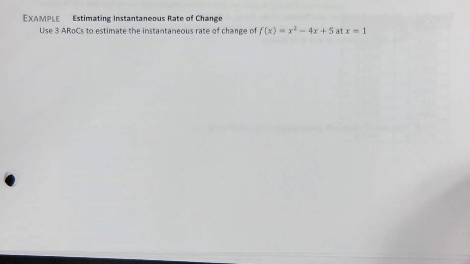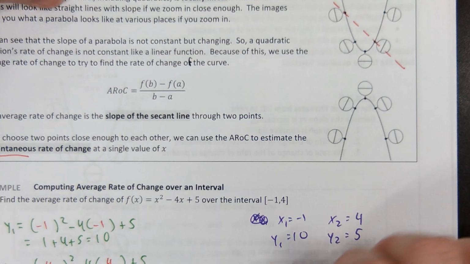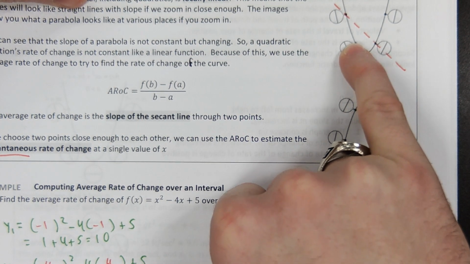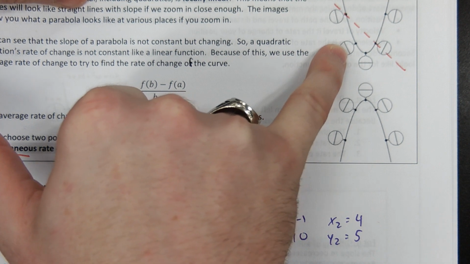Today, we're going to start by using the average rate of change to try to estimate the instantaneous rate of change. Instantaneous rate of change would be, what is the exact slope at this single value? So if I can say, what is the slope at that point only?